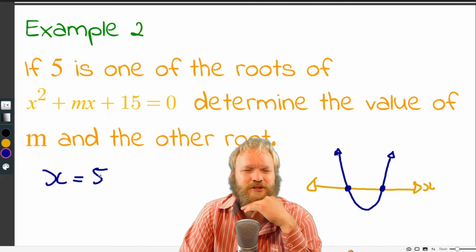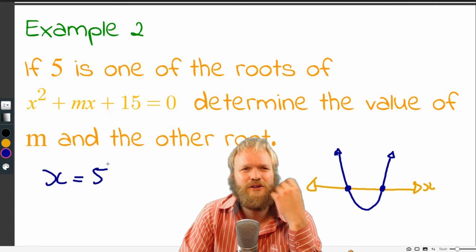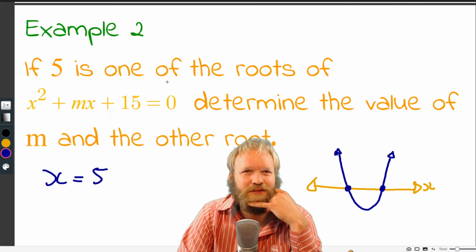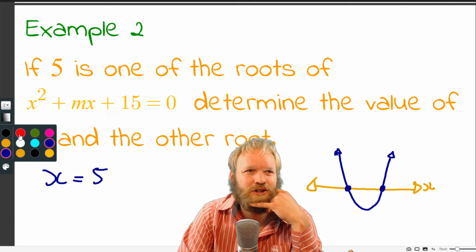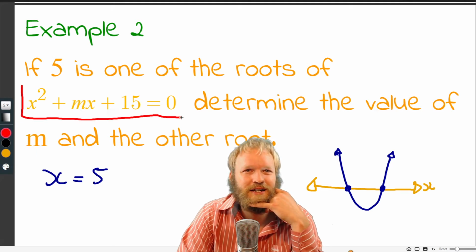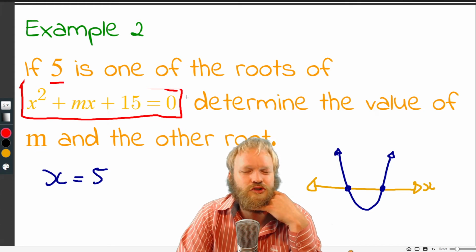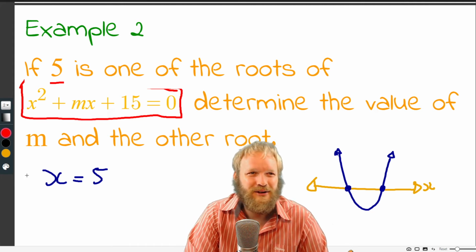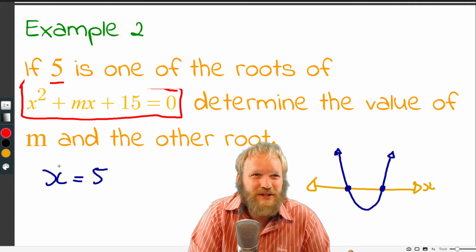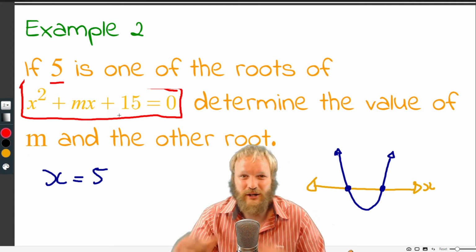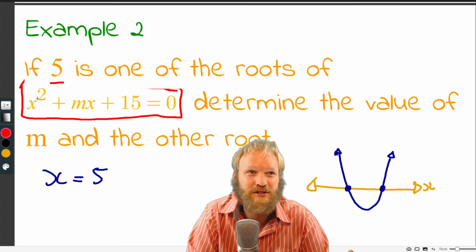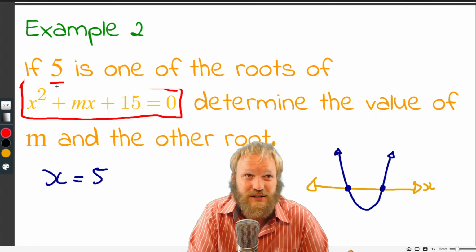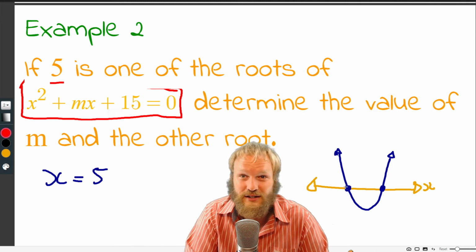But if x equals 5, how can we use that information in this equation over here? So x equals 5, and that equation is true. How's that going to help us? Well, if we substitute 5 into that, the equation should be true, because x equals 5 means this should work out and we should get 0.